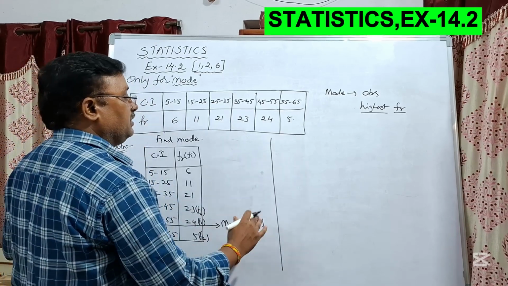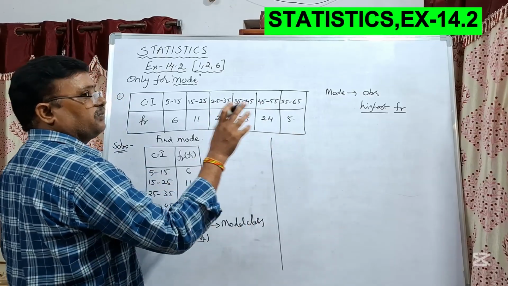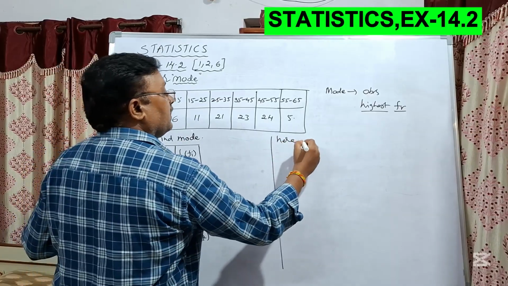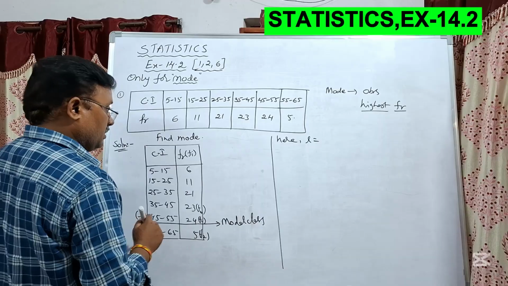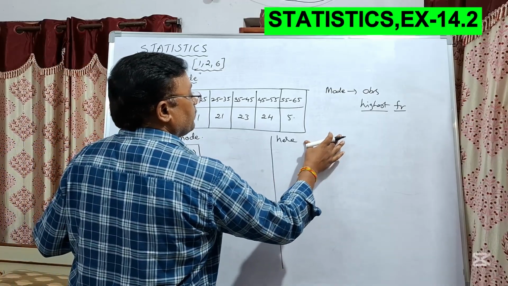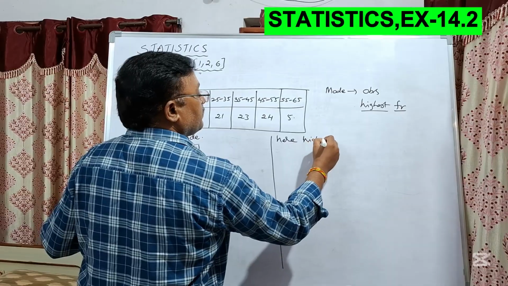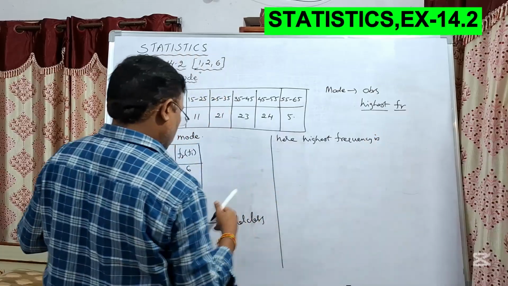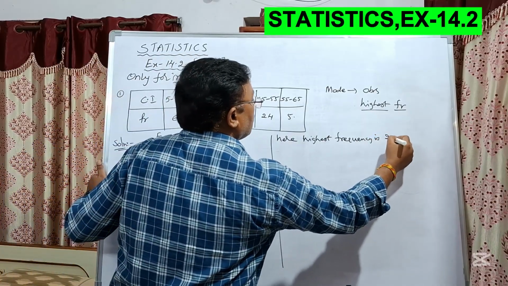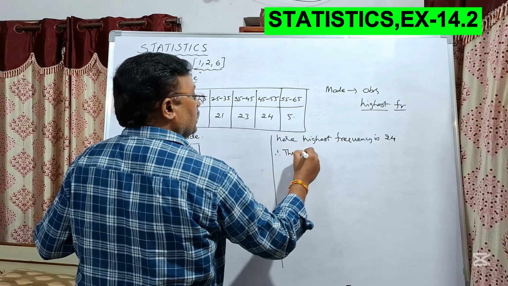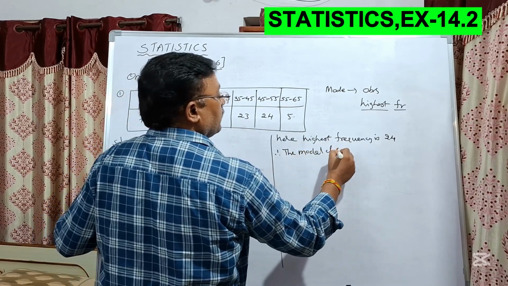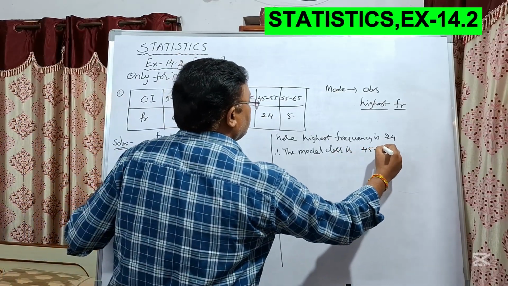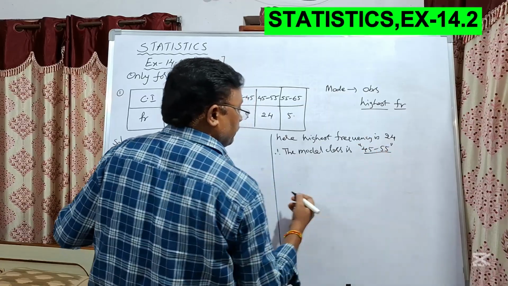Next, write all these values before going to use the formula and substitution. So here, highest frequency is how much, Nana? 24. Therefore the modal class is 45 to 55. You mention this one.